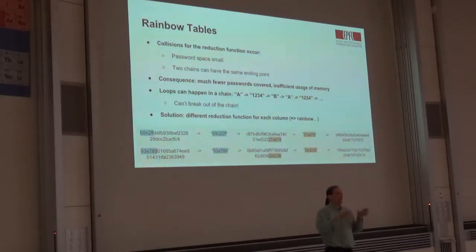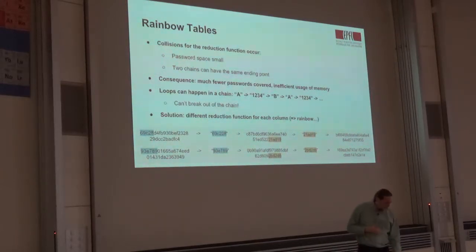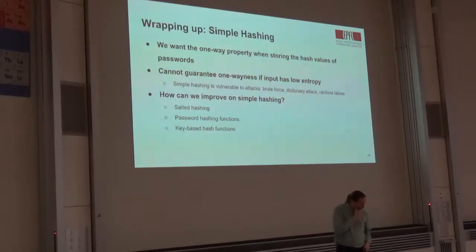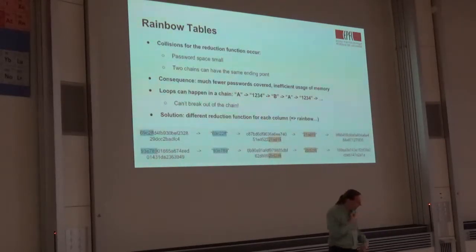We arrange for the reduction function to be slightly different for each column of the database, and I won't get into the details, but that just ensures that if we get unlucky at one point in a particular row, we won't get in a cycle. Even if we do produce the same password as we saw before in the same row, the next time we'll be using a different reduction function and we'll be jumping to a different part of the search space. All right, so okay, so that's rainbow tables.